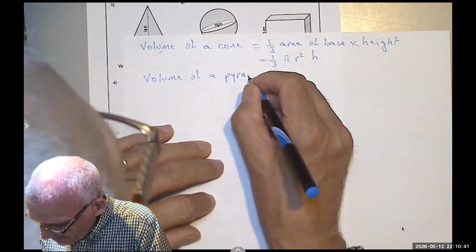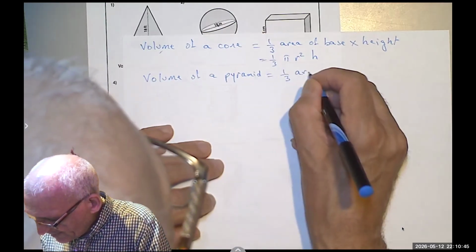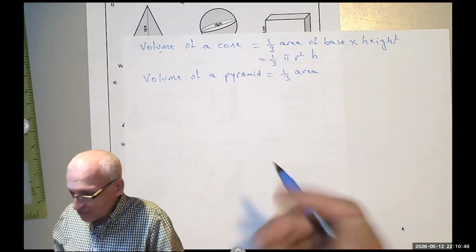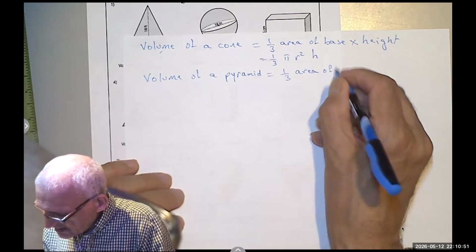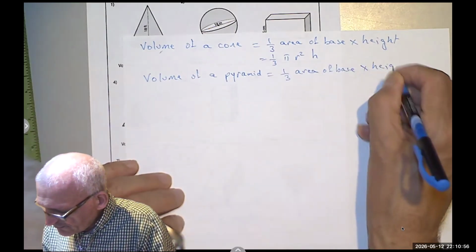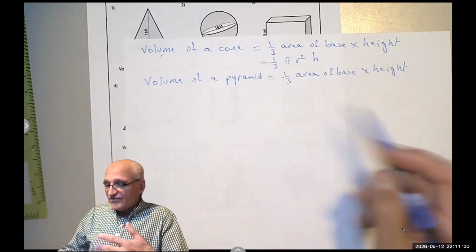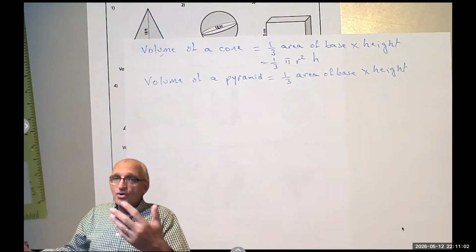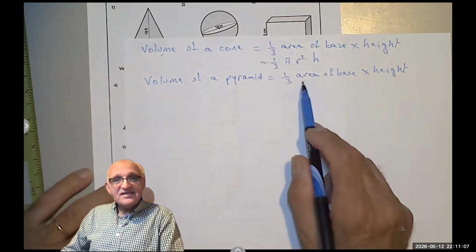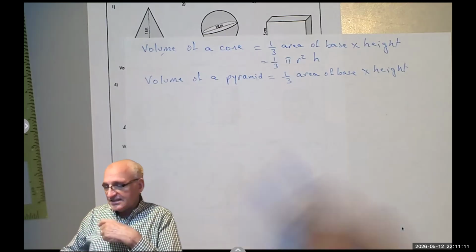So the volume of the pyramid equals also 1/3 area of base times height. Notice the base is a triangle, so base times height over 2 is the area of the base. So exactly like the cone. The only difference, of course, is that the cone has a circular base. The pyramid may have a triangular base or a square or a rectangular base. So you find the area of the triangle or the square or the rectangle, and then you multiply it by the height.